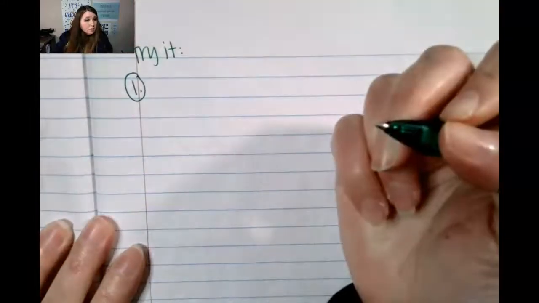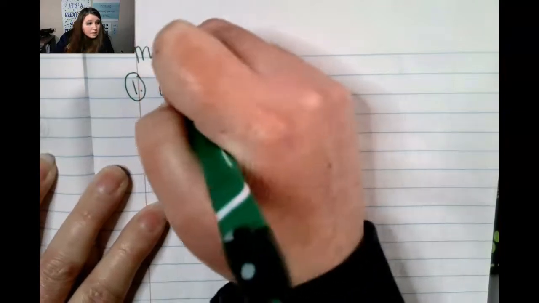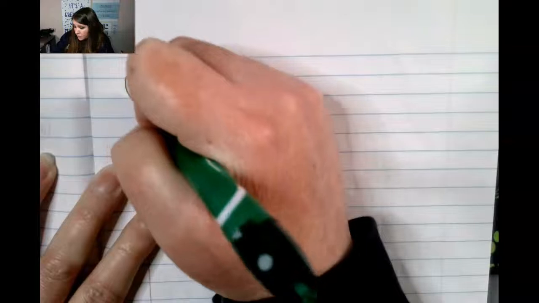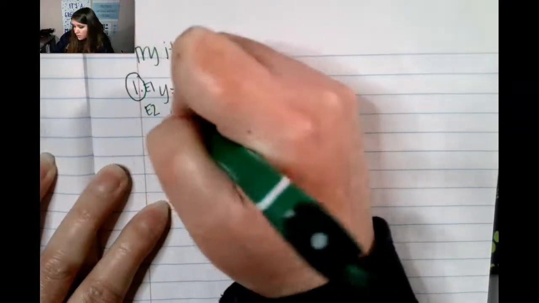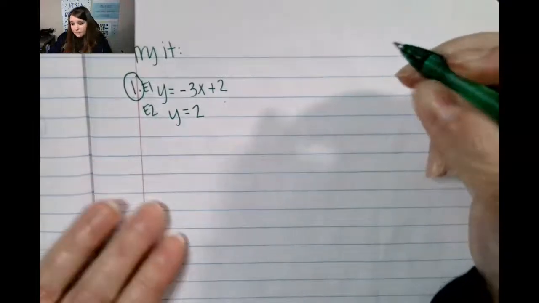All right, so try-it number 1 says y equals negative 3x plus 2. That's equation 1. Equation 2 is just y equals 2. Okay, so there's try-it number 1.